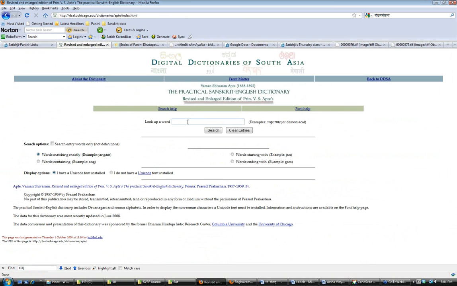Let's get the word upaskara and see what meaning it has. Along with the upaskara, he says it again. I think it probably means details, along with the details.